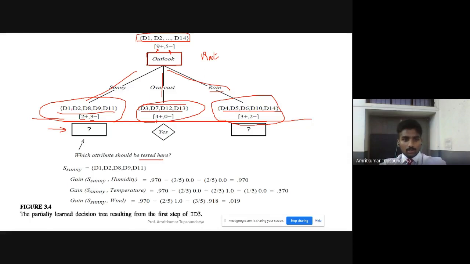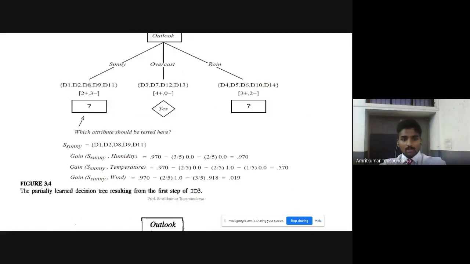For this particular example, let me take the first node, when the sample space for outlook is sunny. This is only with respect to sunny. For sunny, we have the training examples D1, D2, D8, D9, and D11. Let me show you the table.